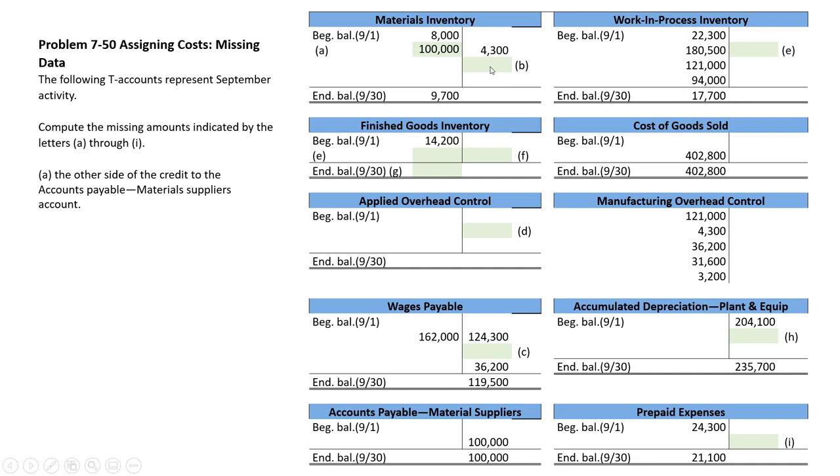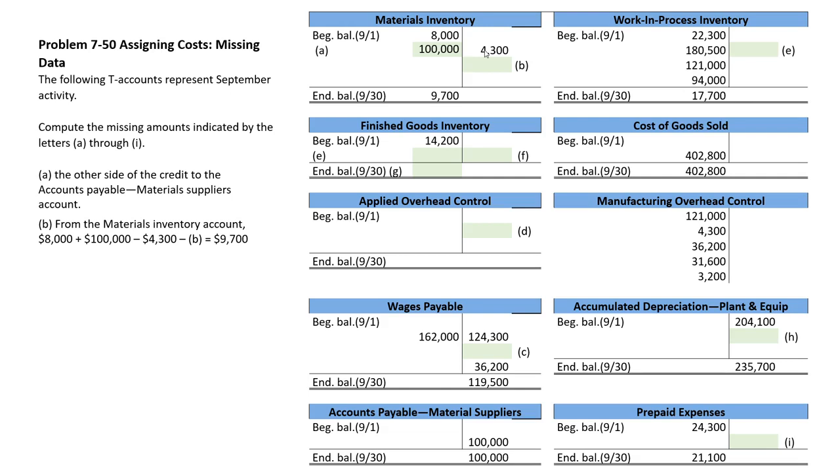So I can do this one of two ways. I could sort through work in process, but knowing nothing else about it, I don't know what the corresponding dollar amount is. But now that I've filled in my debit of 100,000, I can also back into B just by saying, well, if I start with an $8,000 balance, I add 100,000 to it, I subtract 4,300 from it.